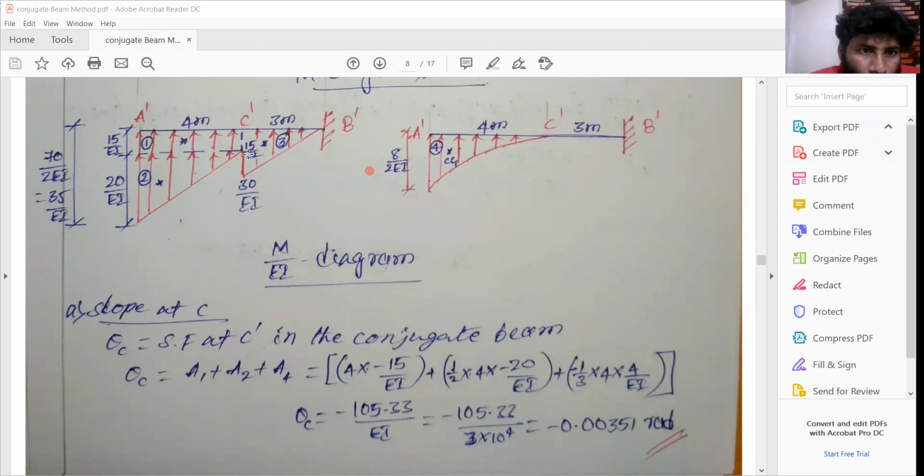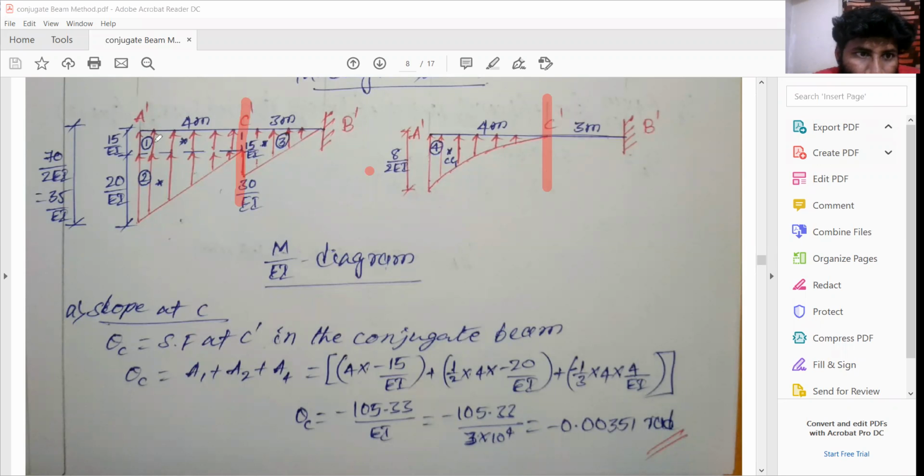So slope at C is equal to whatever forces are acting. Here I am taking this section, here also I am taking this section. Whatever forces are acting left of the section, here also left of the section, that will be the shear force in the conjugate beam. These are the conjugate beams. So what are the areas? Area 1, area 2, area 4: A1, A2, A4.